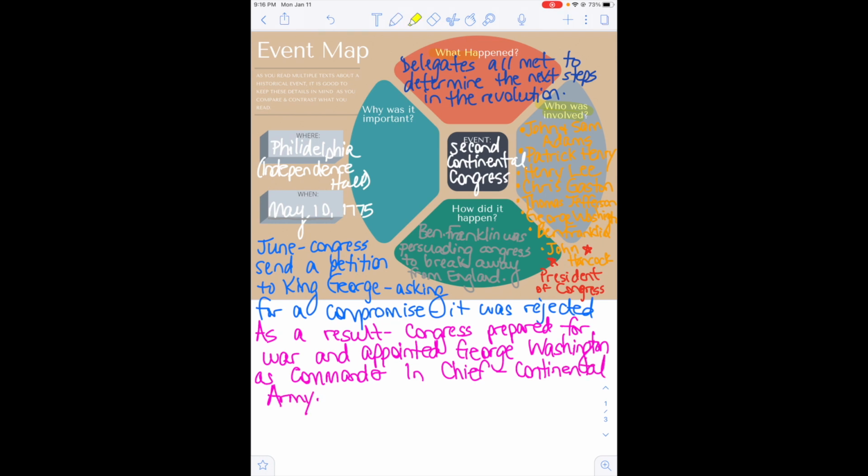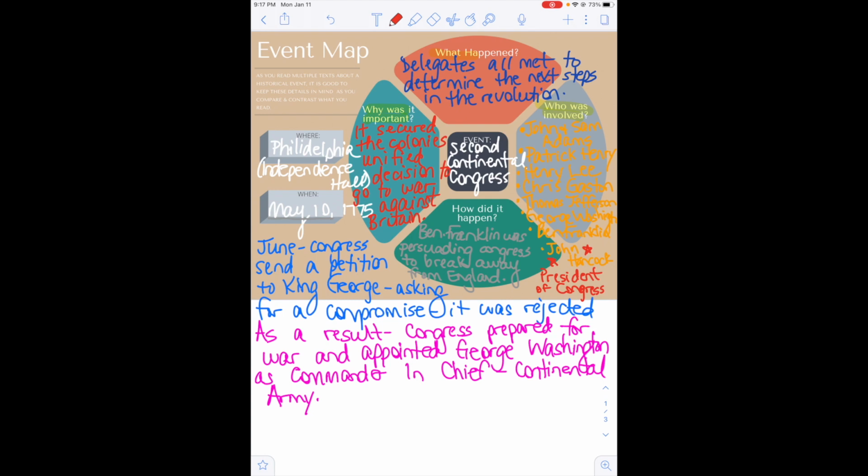So the last and final piece of this event map that we have to establish documenting is why was it important? So why was the Continental Congress important? If we look over all of the main events, we can state that it secured the colonies' unified decision to go to war against Britain.